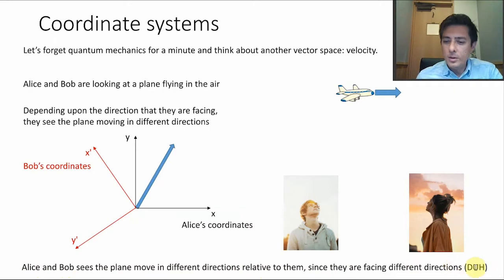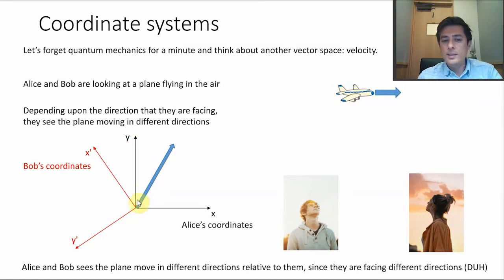Well, duh, right? The plane has some reality. This vector is obviously the same thing: just because Bob and Alice are different people viewing it doesn't change the nature of it. This is the reality of what the plane is doing.